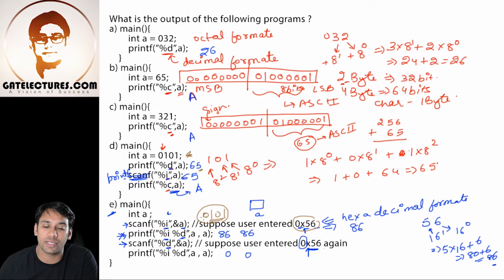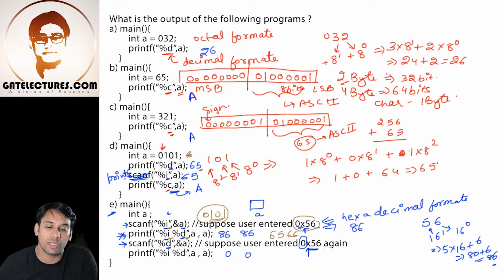As the user has entered a number starting with 0, this %I is going to assume that this number is an octal number. So whenever you print the value of this number, this statement is going to print 65 and 65.